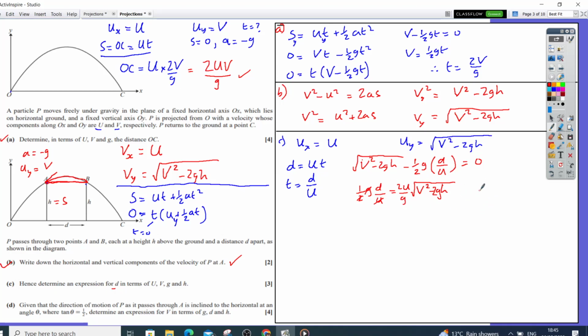So I'm going to rewrite that again and put a box around it. So d is going to equal 2u over g multiplied by the square root of v squared minus 2gh. Put a box around that. That's that one done. Okay, so we got d in terms of u, v, g, h. Okay, let's just line this up.